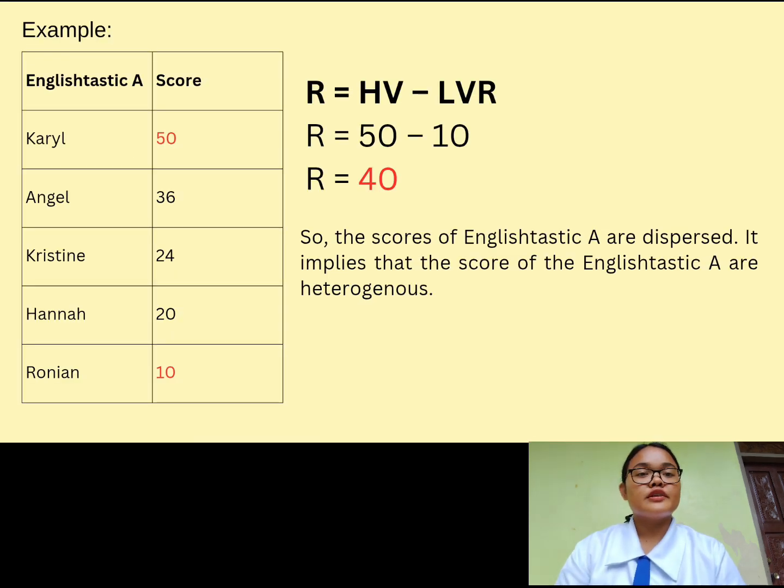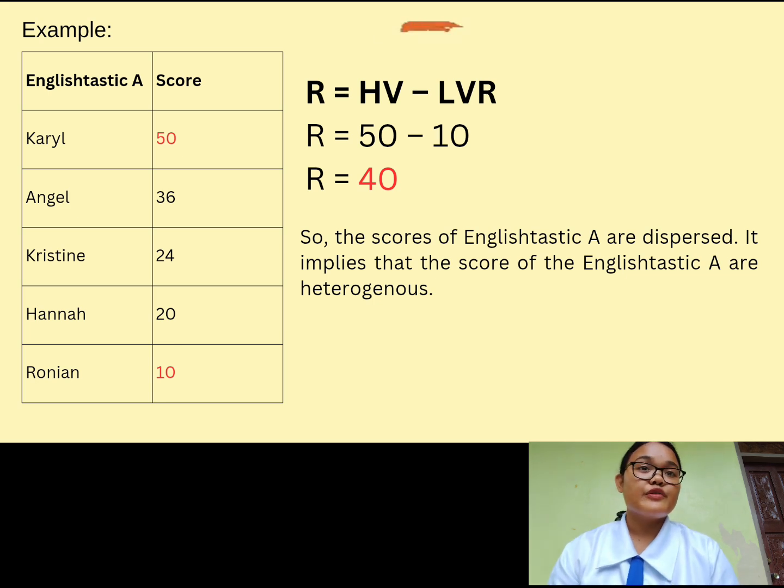For example, the data scores of the English Tastic A: 50, 36, 24, 20, and 10. All we have to do is to find the highest score. The highest score is 50, got by Karil, while the lowest score is 10, got by Ronyan. All we have to do is to substitute.